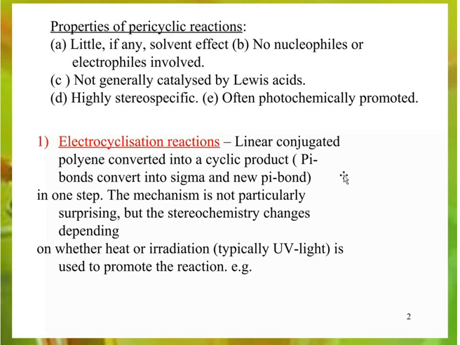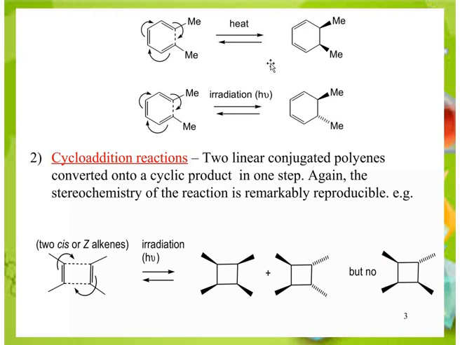So these two important words you keep in your mind, heat and light. So look at this reaction scheme. In the presence of heat, the product is this one. In the presence of light, the product is this. These two products are different, not the same.